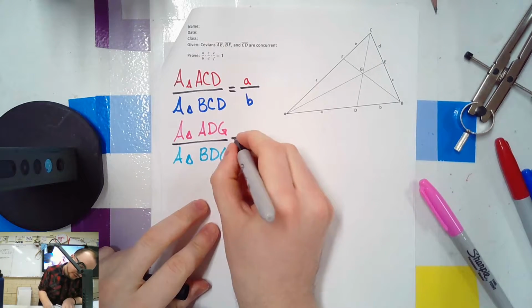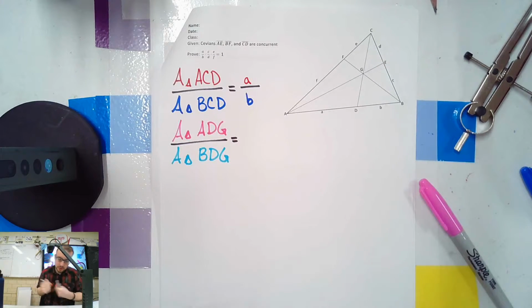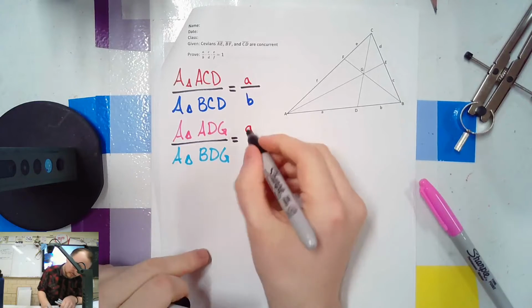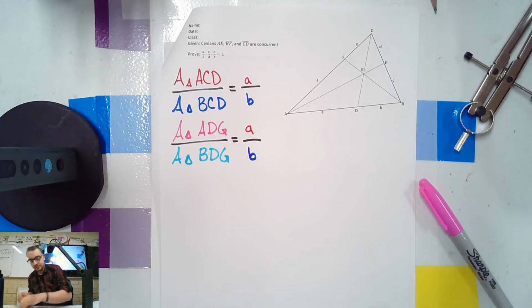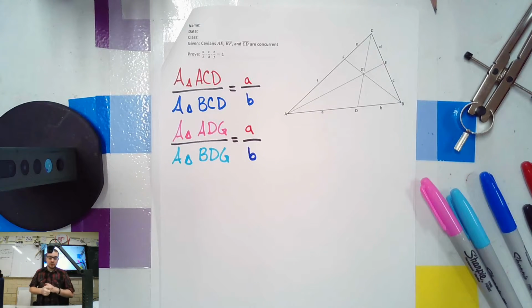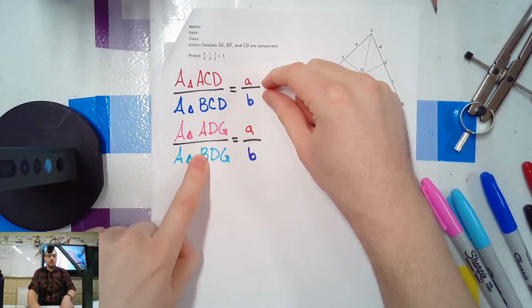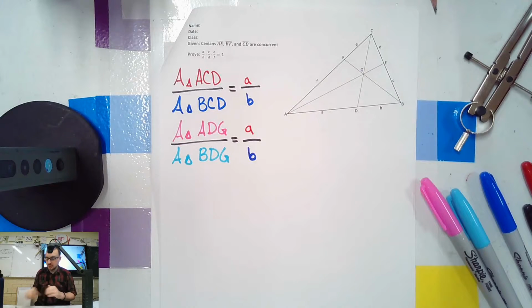Right. Should also be proportional to those bases. Now I could have written this where I just had an equal sign and had this next to it, right? So all three are equal, so I'm allowed to do this.